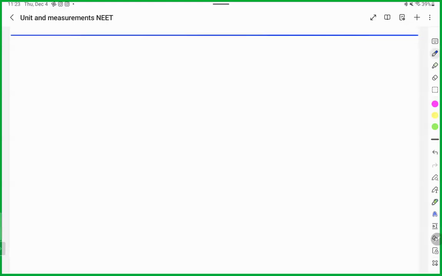So, move to the next part. Least count. This word least count we will use in the vernier caliper and screw gauge. Very, very, very important. What is the meaning of least count? It is the minimum value any device can measure. For example, the minimum value counted by the vernier caliper will be its least count.